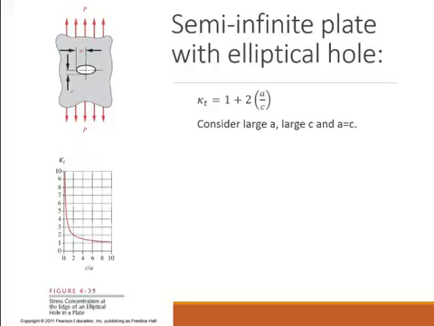So let's look at a semi-infinite plate with an elliptical hole. What we would see here is that the amount of stress in this region right here would be the force that we're applying divided by the cross-sectional area at that location. And when we get to the hole, now we have less area, and so the stress would increase.